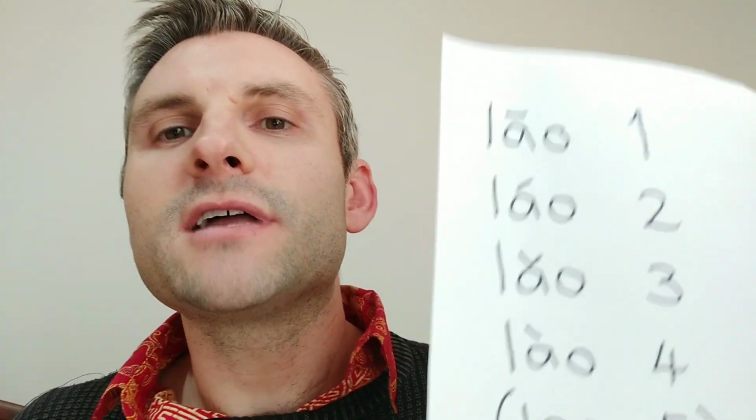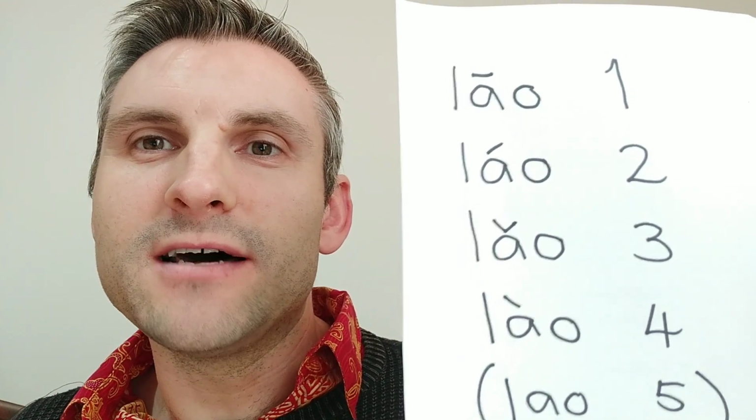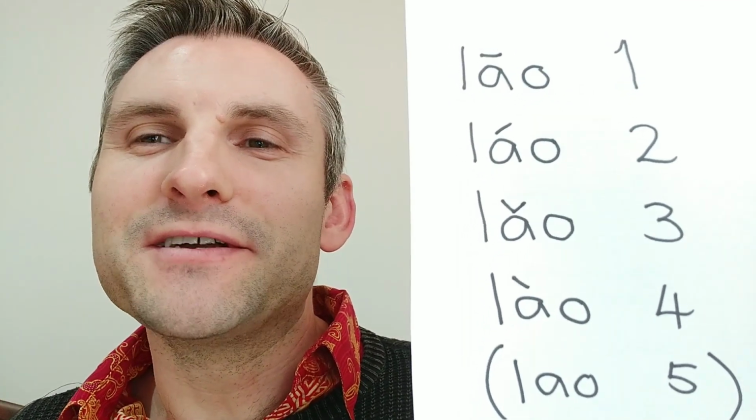Okay, so the basics of Chinese, or Mandarin in particular, is that each character is a syllable, and each syllable can be said one of 5 ways. So I've chosen the syllable lao, because it sounds very Confucian. I don't know.